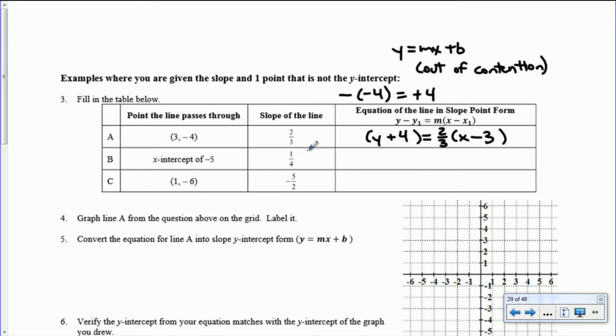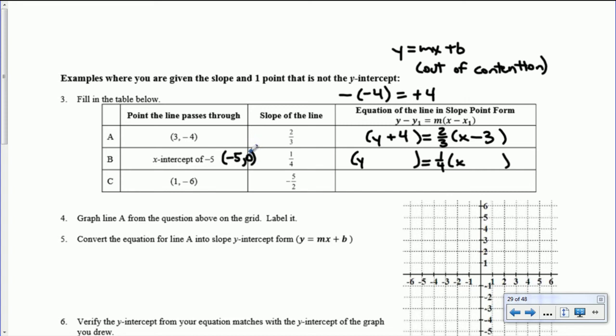Try another one. 1/4 is the slope, so 1/4 goes there. x, y. I guess I don't need brackets for the left side, but I'm going to do it anyways. X-intercept of -5. So what's the coordinate? Maybe pause the video and think, or write down what it should be. So that'll be -5, 0.